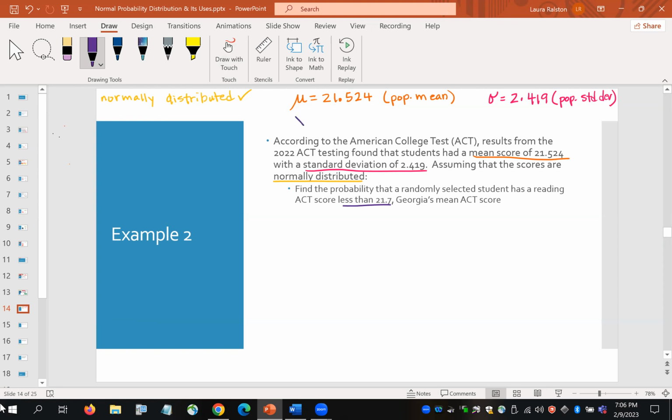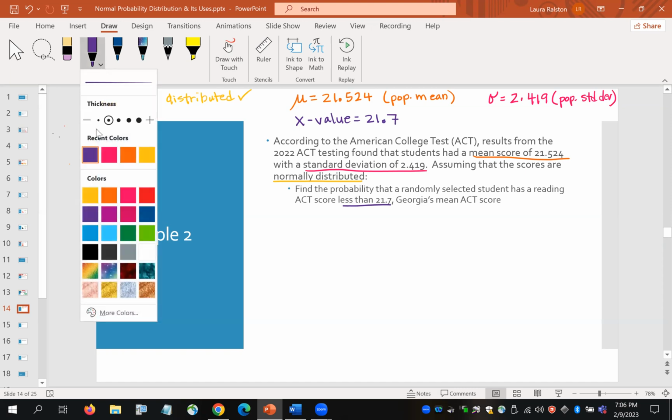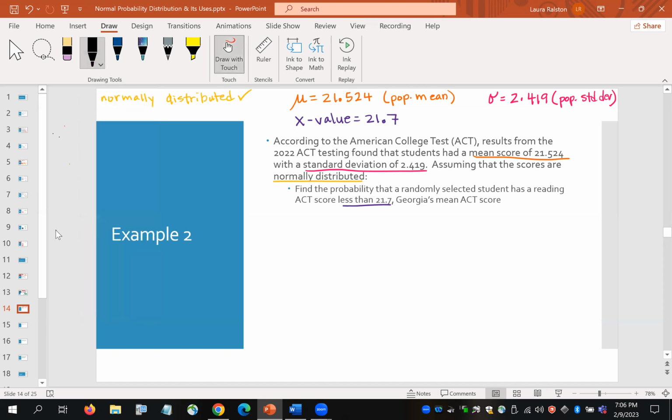So my X value is 21.7. So again, if we think about this in terms of a picture, I have my horizontal axis, my bell-shaped curve, my mean is in the middle, which is 21.524.